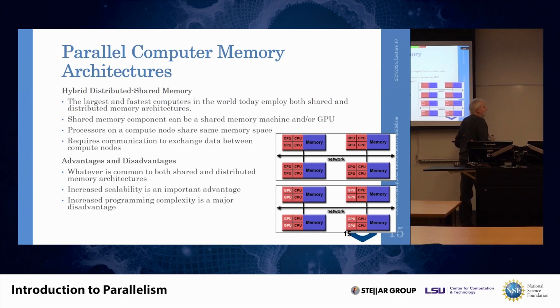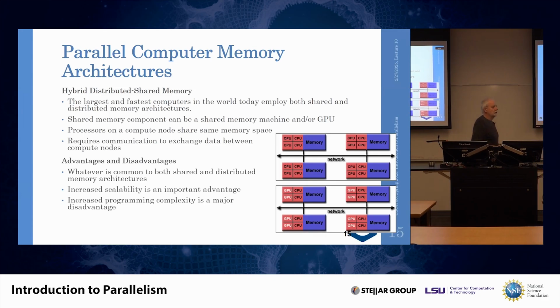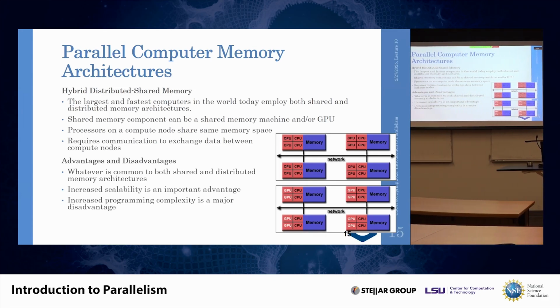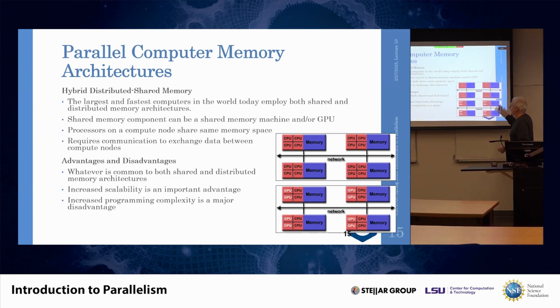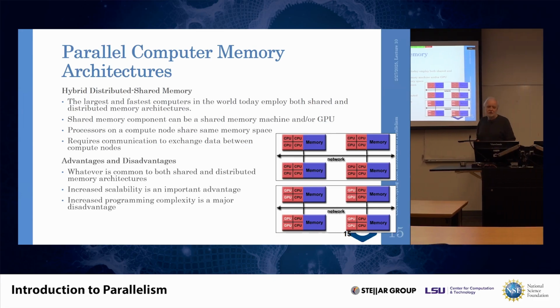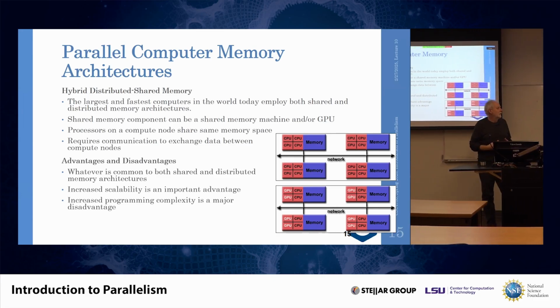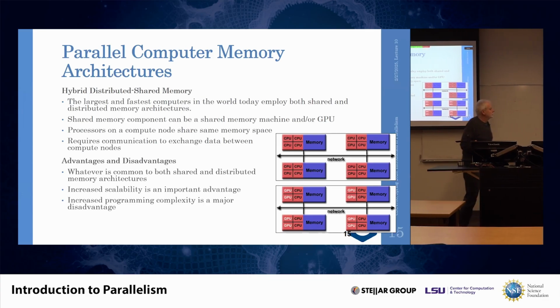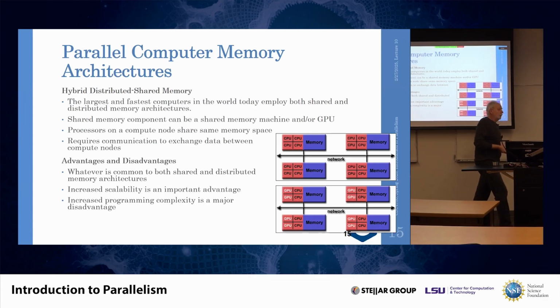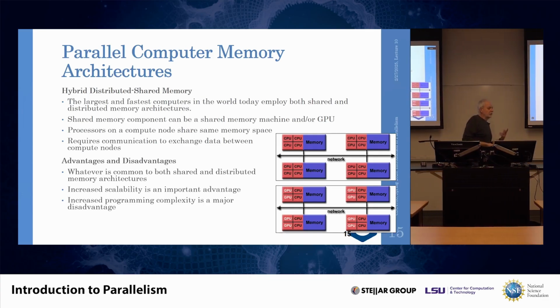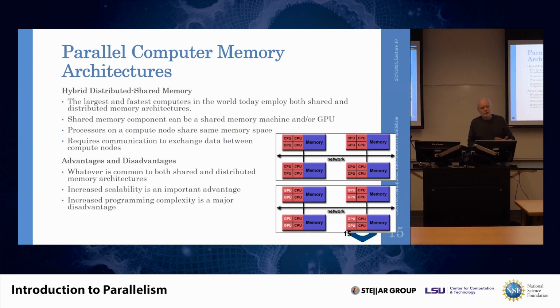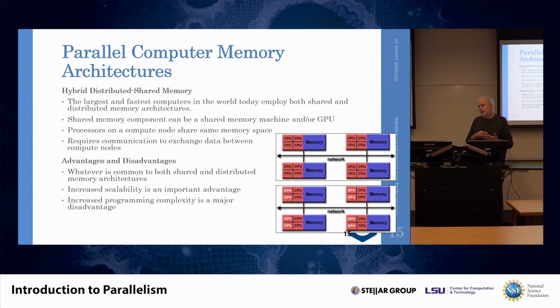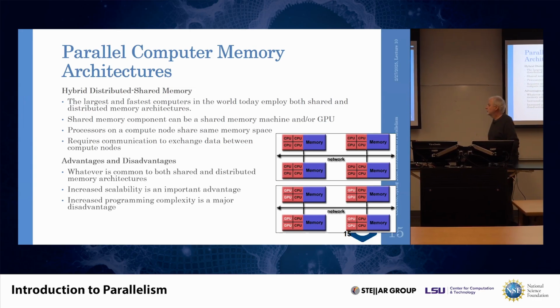So whatever is common to both shared and distributed memory architectures is either an advantage or a disadvantage. You can kind of guess that many of the problems that we had before are the same problems here. It's just that we have a lot more compute power at our hands than with the other systems. And the programming complexity certainly goes up, because now I have to deal with threading on a single node, and we have to deal with data communication across the network with other nodes.